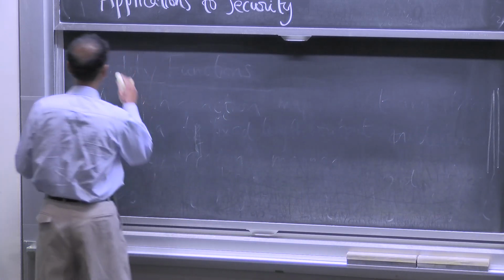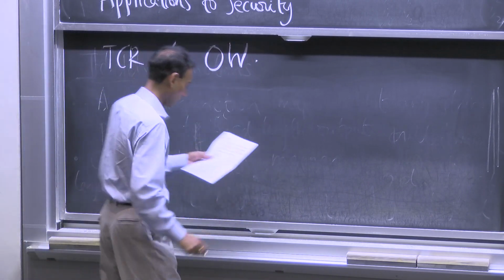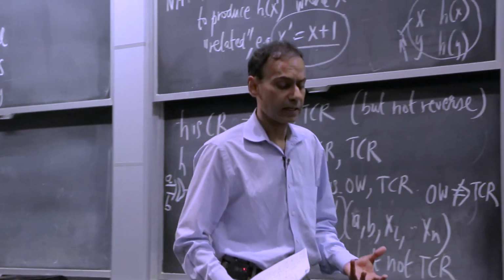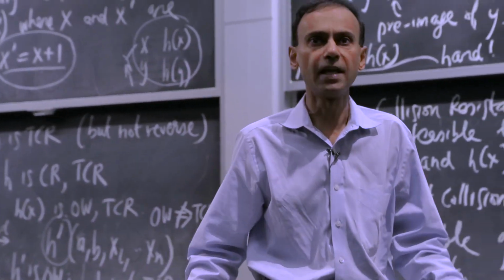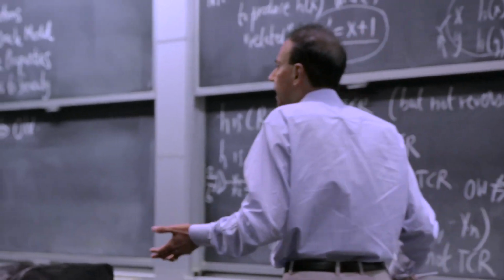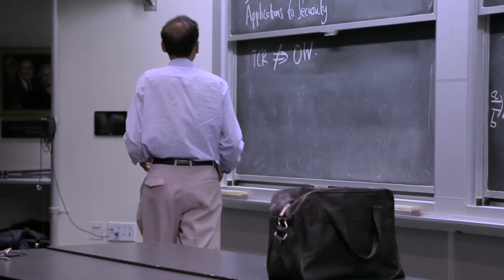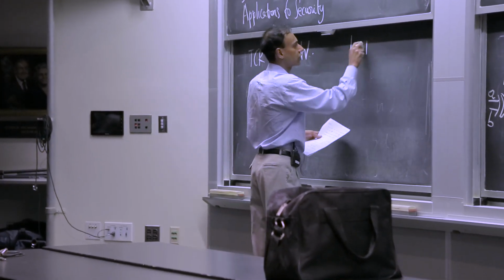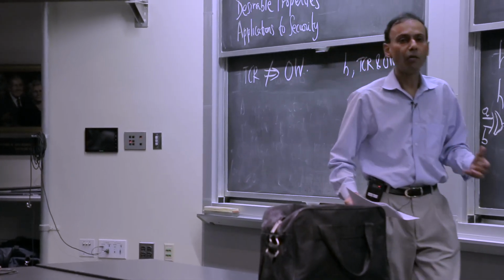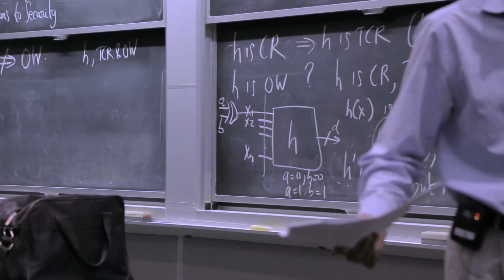Okay, so now I want an example where it is clear that I have target collision resistance, because I can just assume that, and we're going to use the same strategy. I'm just going to assume that I have an H that's target collision resistant, and I'm going to try and cook up an H prime that is not one way. So I'm going to assume that in fact H is TCR and OW, and I'm going to take away one of the properties, and if I take away one of the properties, I have a counterexample, right?